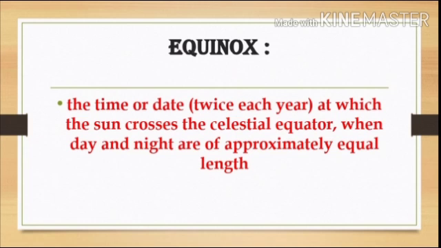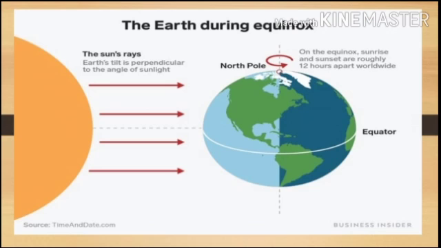Equinox, the time or date twice each year at which the sun crosses the celestial equator when day and night are of approximately equal length. Yes children, what is the meaning of equinox? Means the time twice in a year when day and night are of equal duration.